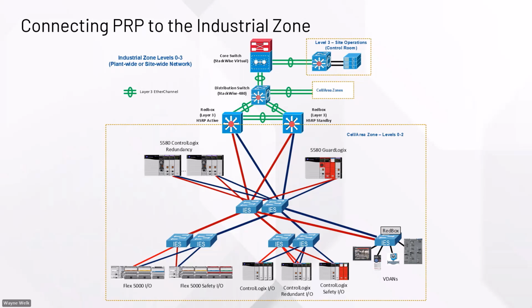We usually designate one switch to be a red box, or redundant box, that will take whatever network you have in the MCC. So that could be a DLR in the MCC, but then that switch will convert that DLR information into a PRP for the rest of the control system. So that's just one way that the network could look.